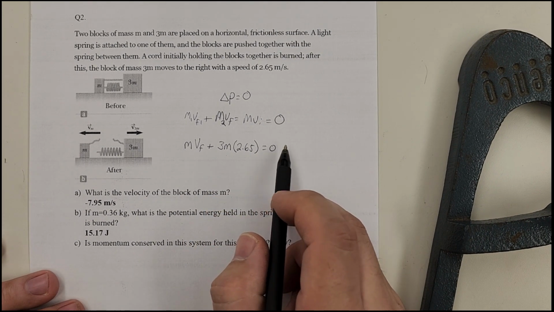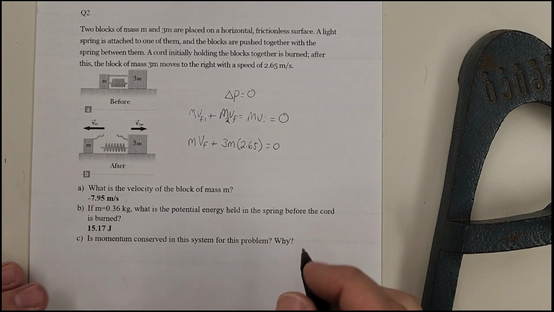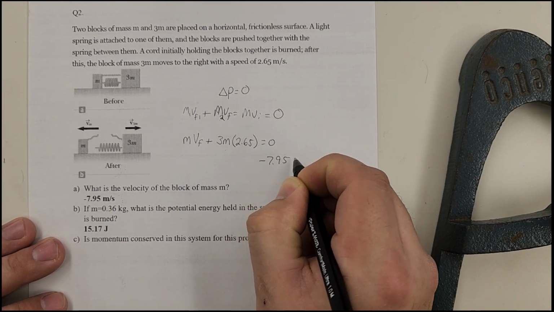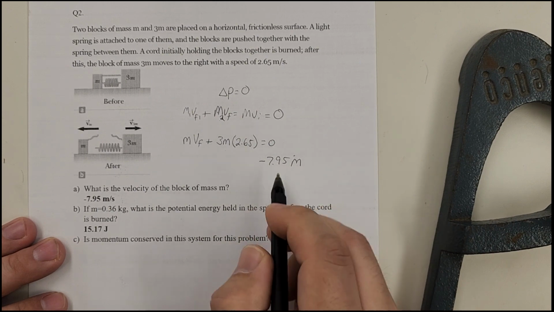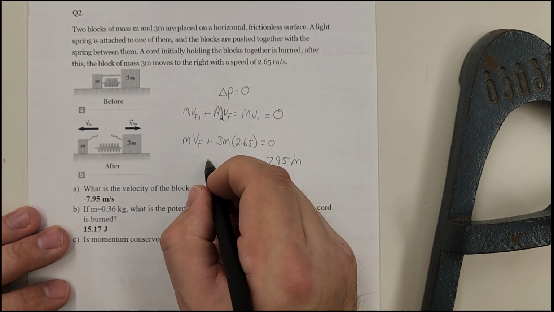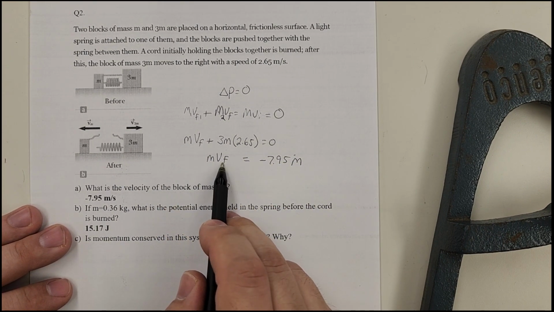I can minus it over. So let's take 3 times 2.65, and that gives us 7.95. So I'll have 7.95 m. It's negative because I've moved it to the other side, and this would be m vf, mass 1 vf.